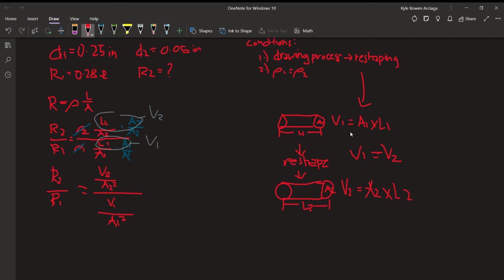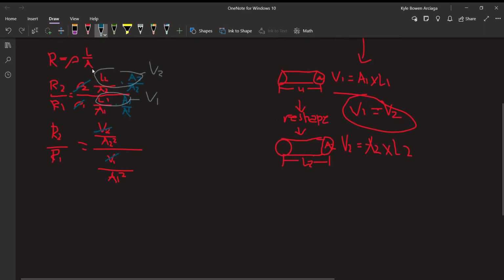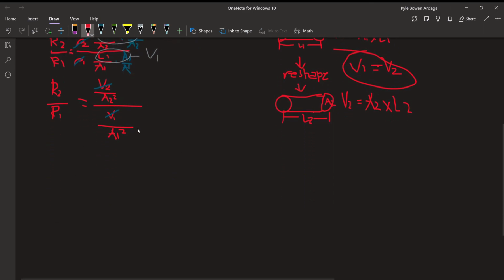Since V1 equals V2, we can cancel this out. Simplifying the equation, this will go up and this will go down.